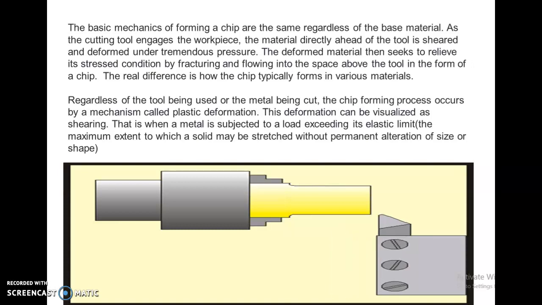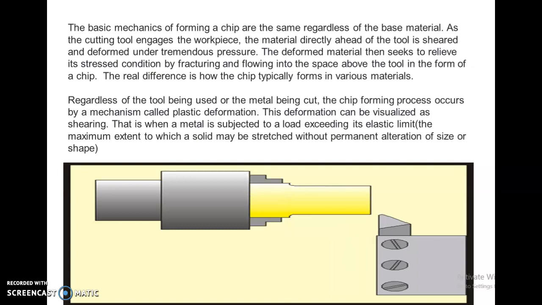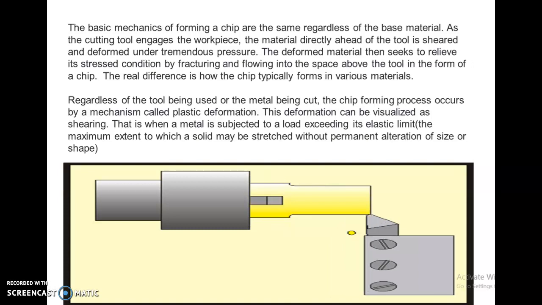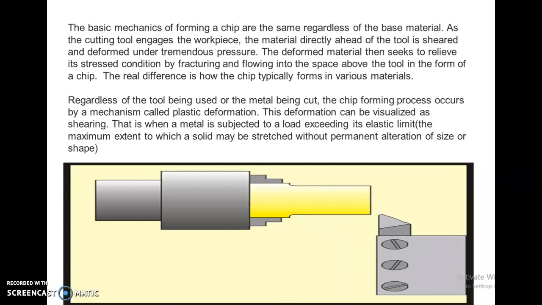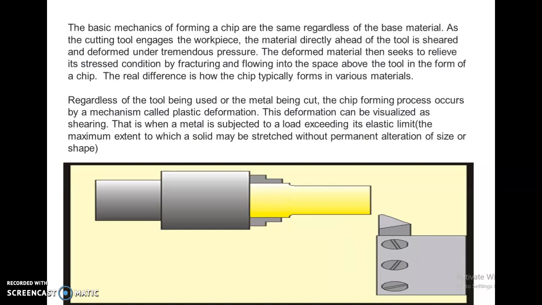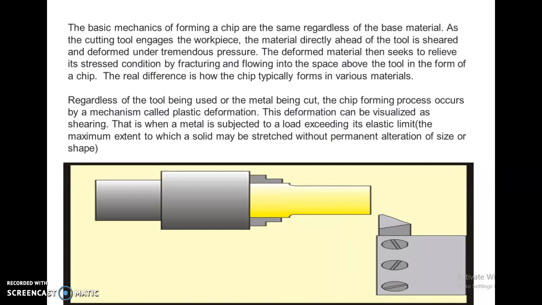Okay, so it should not change its shape, it should come back to its original shape. So the shape should not be altered. That is called the elastic limit. Even after being stretched, the solid is able to retain its original position.